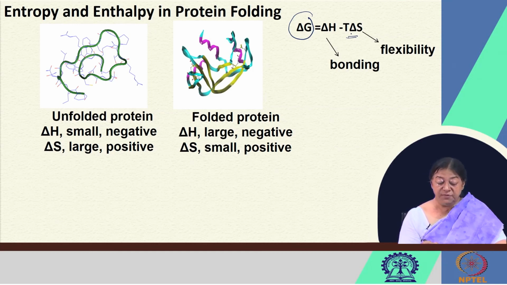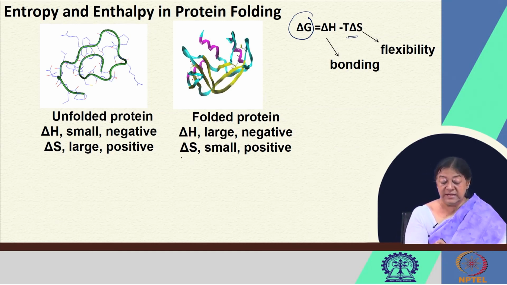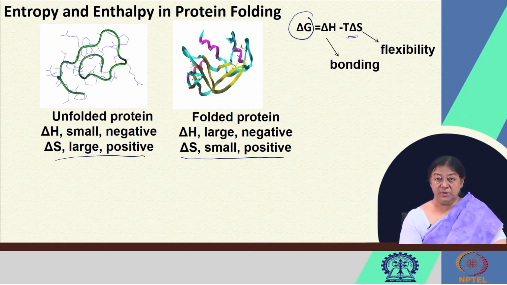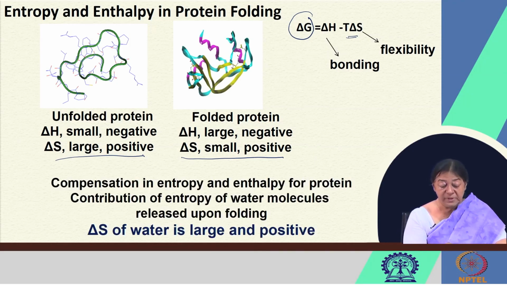Now, for the folded part, we realize that the delta S is going to be small and positive, and the delta S of the unfolded is going to be large and positive, because we have to remember that we are disrupting the water molecules as well. So, there is a conformational entropic contribution there. So, for the compensation in entropy and enthalpy for the protein, there is a contribution of entropy from the water molecules that is released upon the folding.